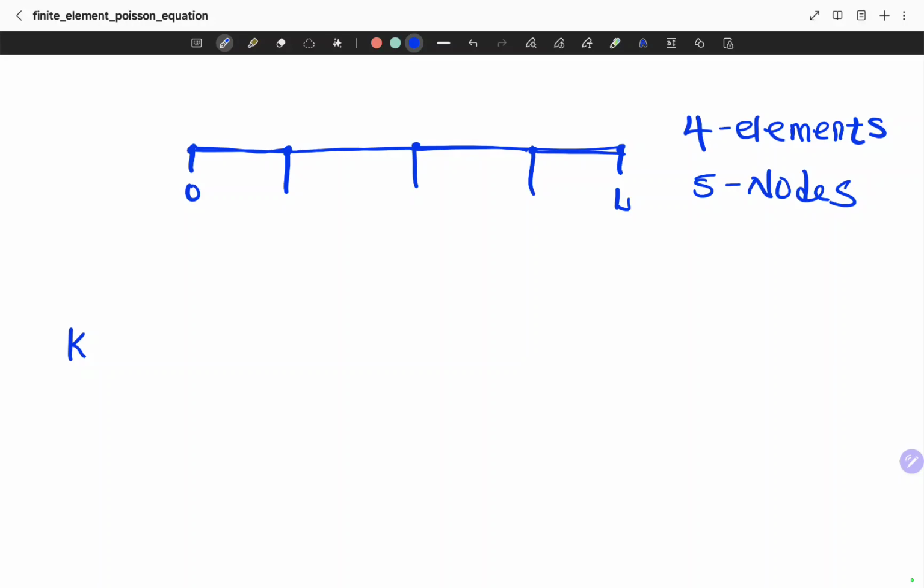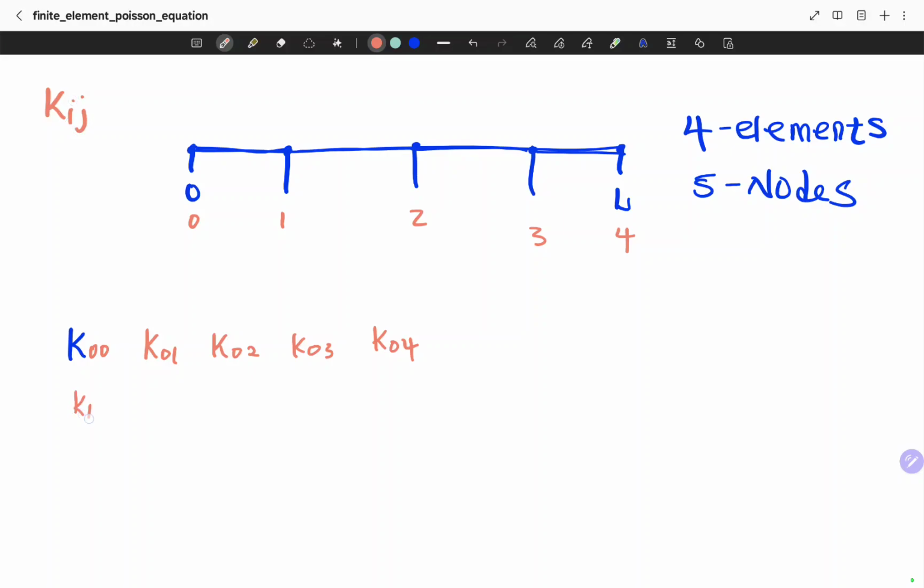So if you have 5 nodes, that means you are going to have a 5 by 5 matrix, because this is 0, 1, 2, 3, 4. So you're going to have K0,0, K0,1, K0,2, K0,3, K0,4, because it's Kij.